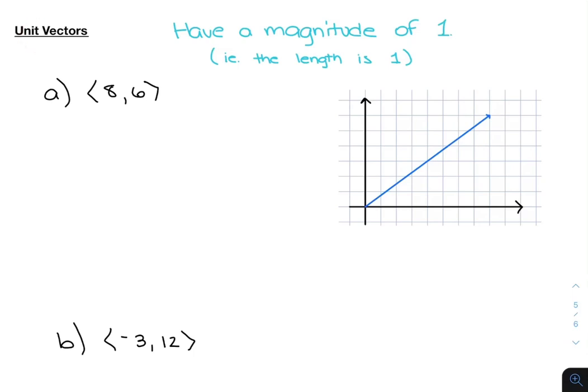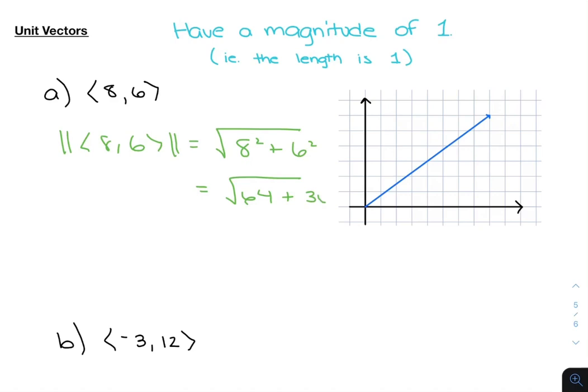Remember that the magnitude of 8, 6 is equal to the square root of a squared plus b squared. 8 is our a, so we're going to have 8 squared plus 6 squared. 8 squared is 64, and 6 squared is 36.